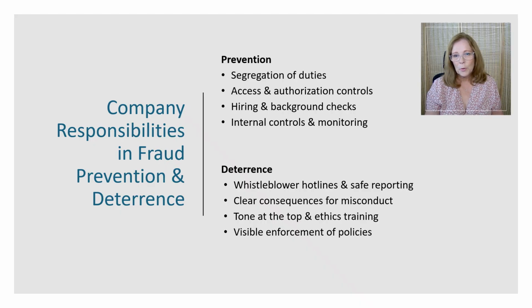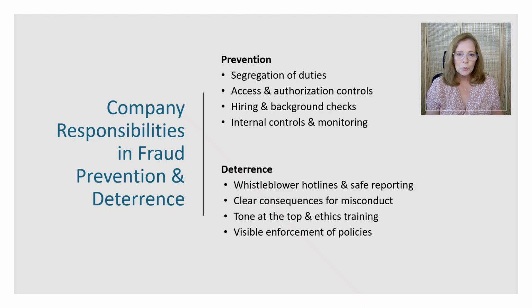Let's go deeper, though, into what fraud prevention and deterrence actually look like in practice. On the prevention side, companies should design internal controls that reduce opportunities for fraud, separating duties so no one person can initiate and conceal a transaction. For instance, the person responsible for invoicing should not be the person also responsible for collections and posting cash receipts.